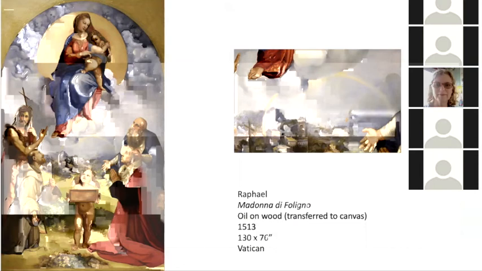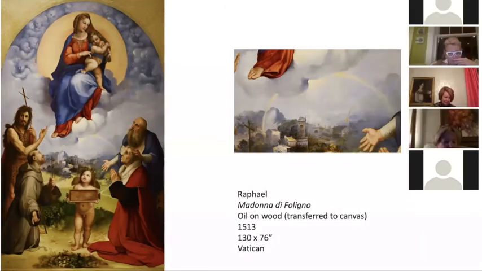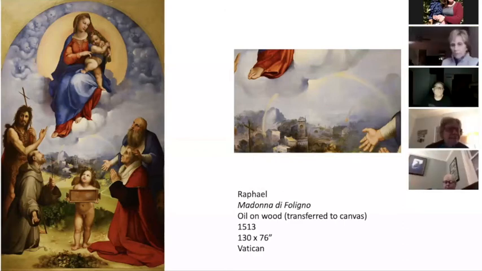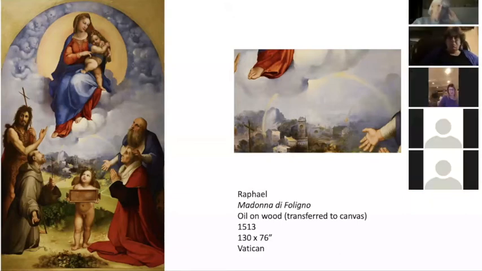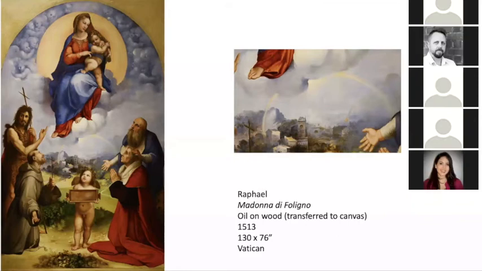It is today in the collection of the Vatican, and it's titled the Madonna da Foligno. And Foligno is a city in central Italy, and the gentleman that commissioned this work from Raphael, and interesting enough, this work has kind of come full circle, because when this work was commissioned, Raphael was actually working at the Vatican, but it was commissioned by a gentleman called Conti.